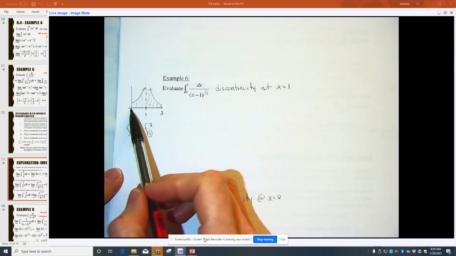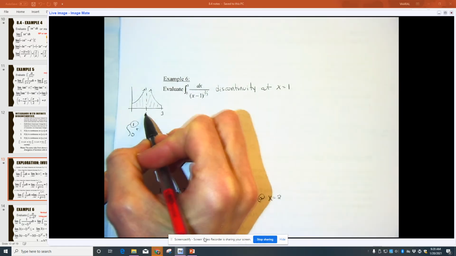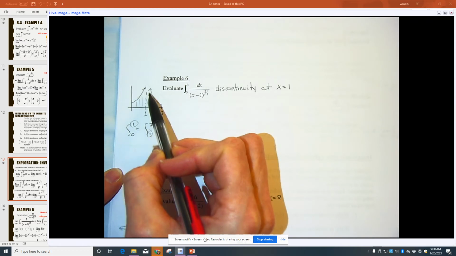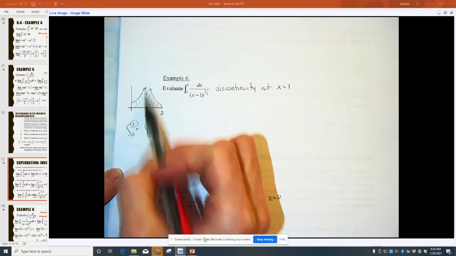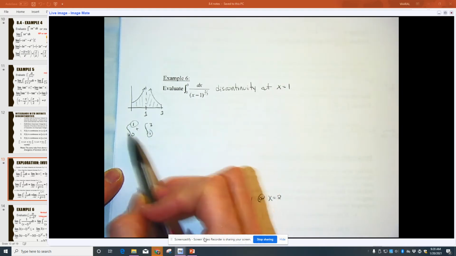So I kind of sketched it here. So this is 0, this is 3. Here is 1, and there's my vertical asymptote. So I sort of want to find this area and this area. And I can't just go from 0 to 3 because my function is not defined at 1. So you can think about splitting this.